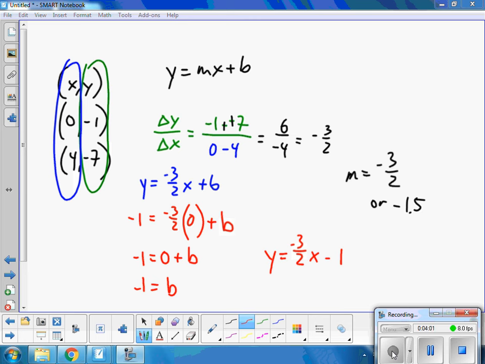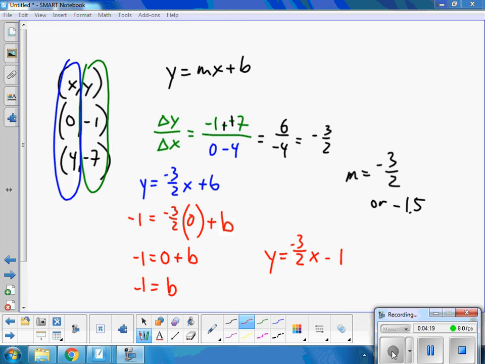All right, how'd you do? A couple things I noticed. I had to keep track of my -1 minus -7, so I had to keep an eye on that one. And I got through and I ended up with -3/2 as my slope. Some of you saw it as -1.5. Both of them are true.